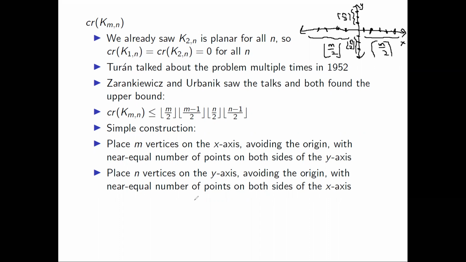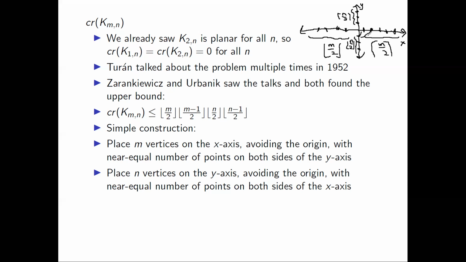And then once we place those points, in order to draw the case of m comma n, well, if we think about it, the complete bipartite graph with parts of size m and n, we connect all the vertices in the m part to all the vertices in the n part. So it makes sense in this drawing, we want to connect all the vertices on the x-axis to all the vertices on the y-axis.